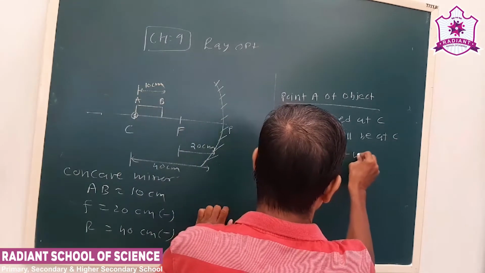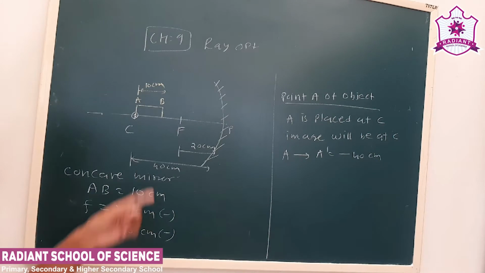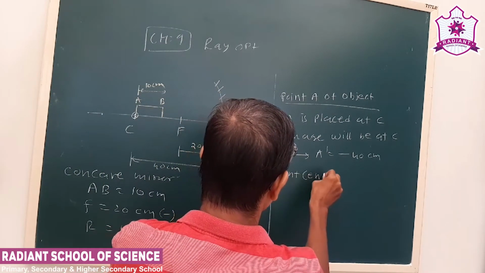Minus 40 centimeter, by the convention. Now see, let us say point B or end B.